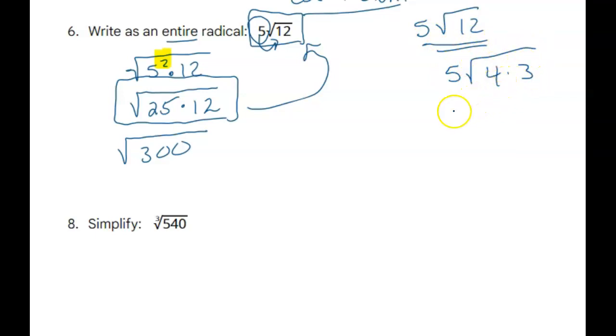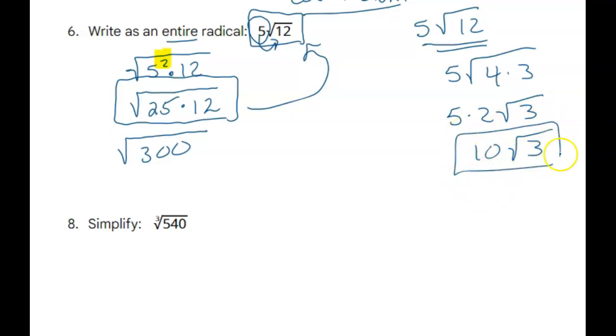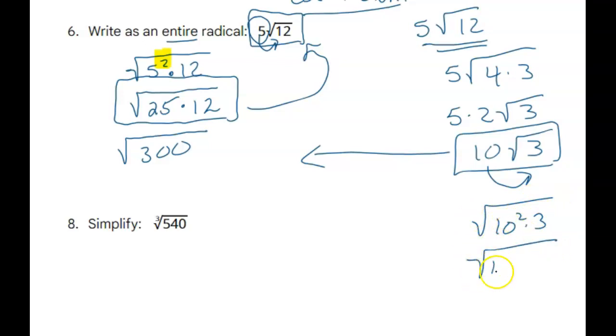The square root of 4 is 2, so we have 5 times 2, root 3, 10 root 3. And then if you want to write this as entire radical, you'd still come up with this as an answer. Because you take the 10, put it back underneath, and you would have 10 squared is 100 times 3, or root 300.